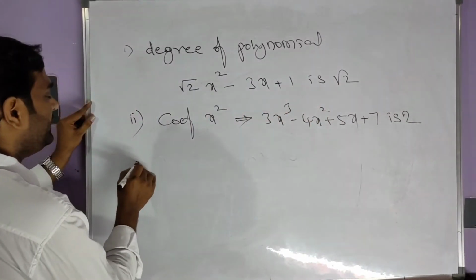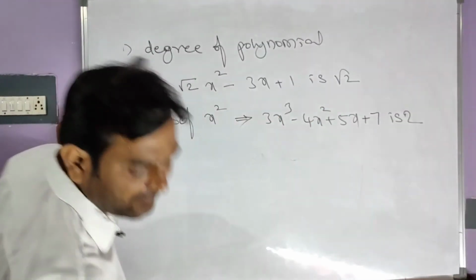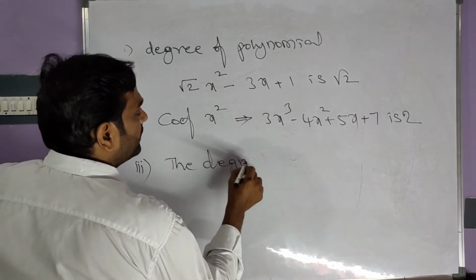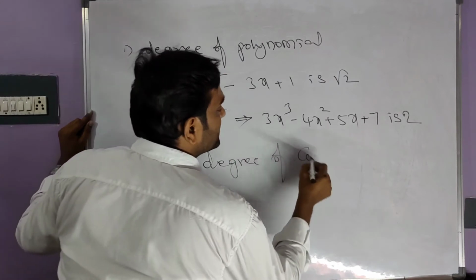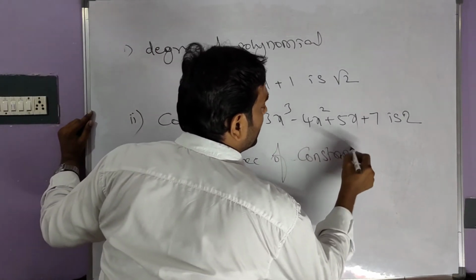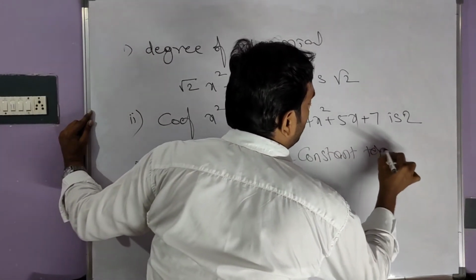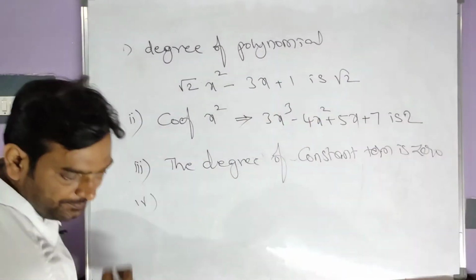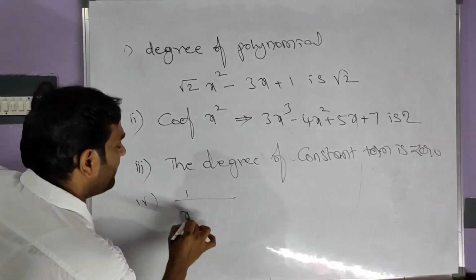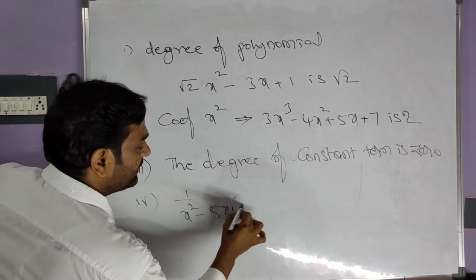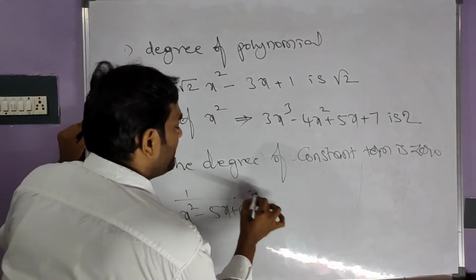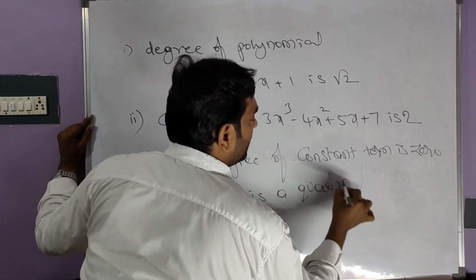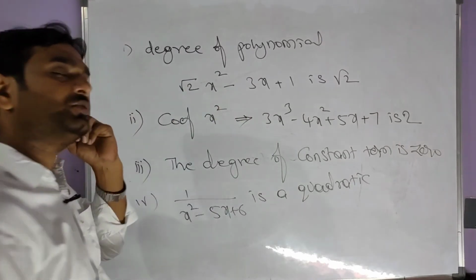And the third one: the degree of a constant term is 0. And the fourth one: 1 by x square minus 5x plus 6 is a quadratic polynomial. Those are the questions given.